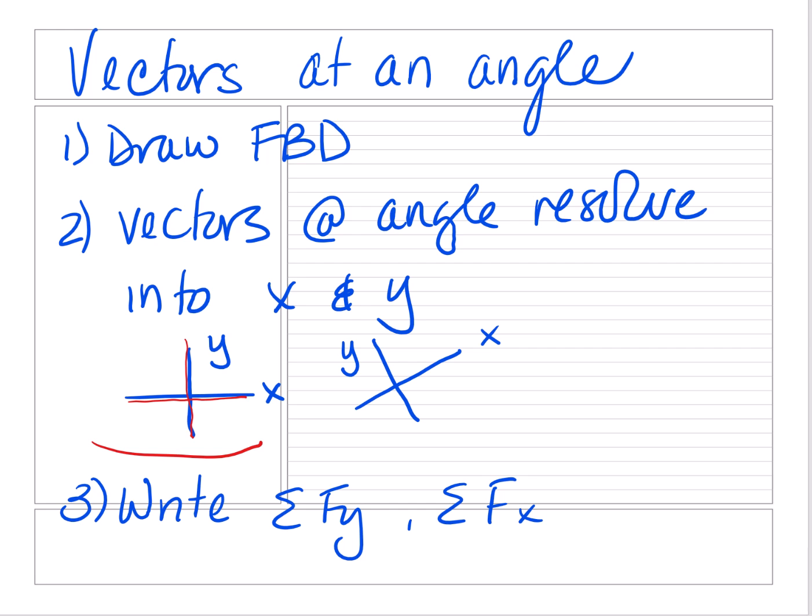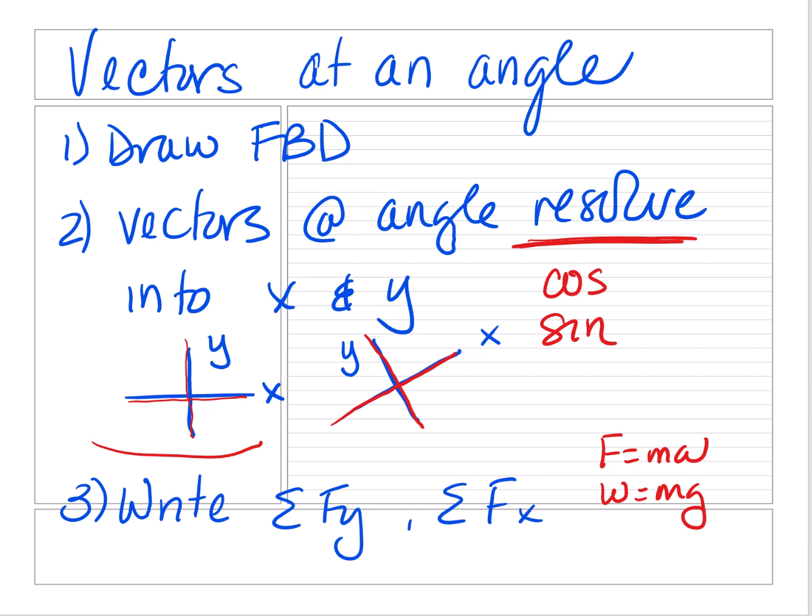If you are on an inclined plane, ramp, or slope, the x is along the inclined plane, the y is perpendicular to the inclined plane. So if the vector does not lie on the x or the y coordinate system, it is at an angle, and you must resolve it into x and y using cosine and sine. After that, you write a sum of Fx and a sum of Fy equation. Note again, F net is ma, weight is equal to mass times gravity, and friction is equal to mu N.